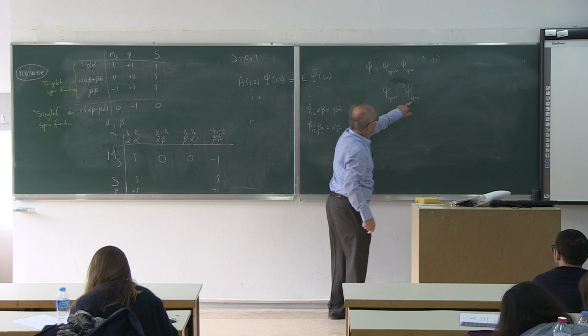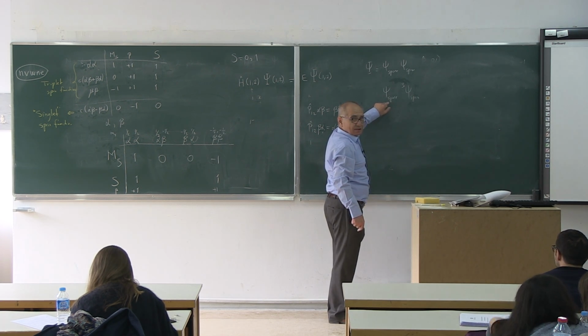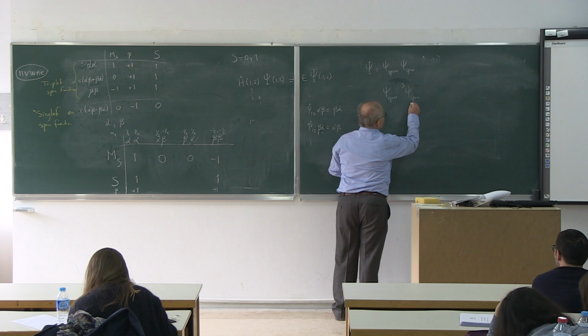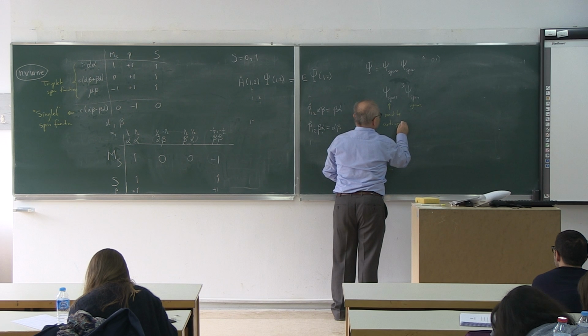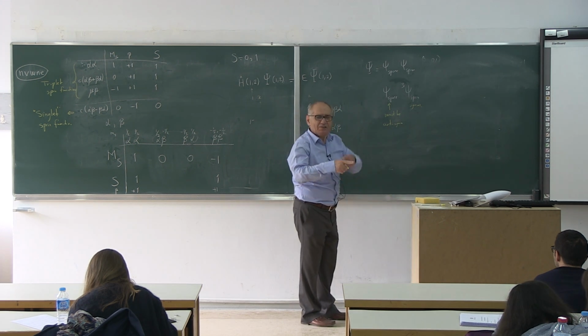If this part is symmetric, then necessarily this part, space part, must be antisymmetric. This is symmetric, must be antisymmetric for the triplet spin functions, for the triplet states.